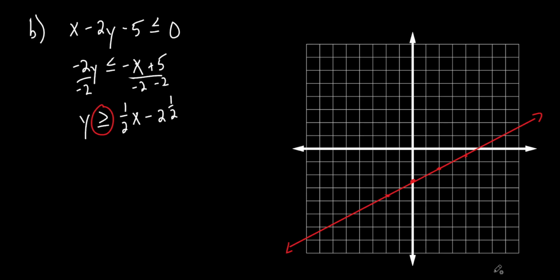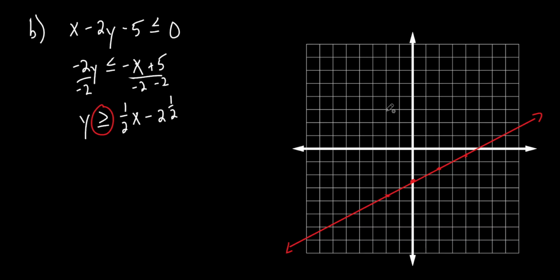Above. Let's see by putting some numbers in where we shade. Because sometimes it can get a little confusing, you forget or whatever, here's a surefire method in order to see where we shade. So let's pick an easy point, either below or above.